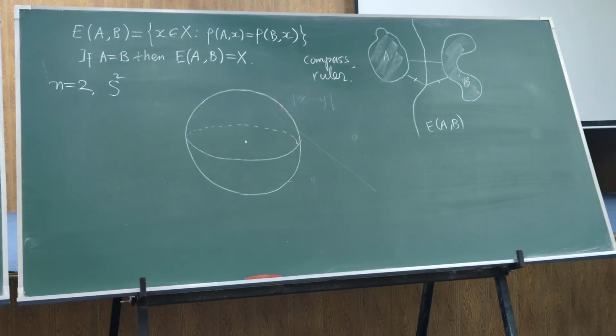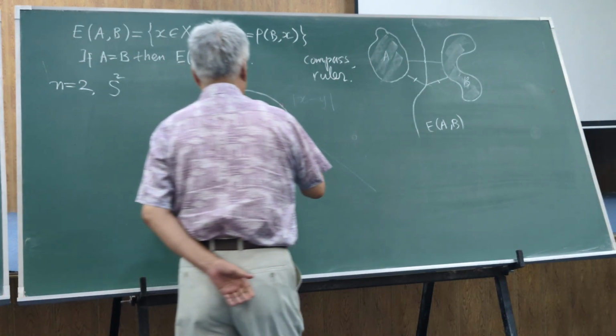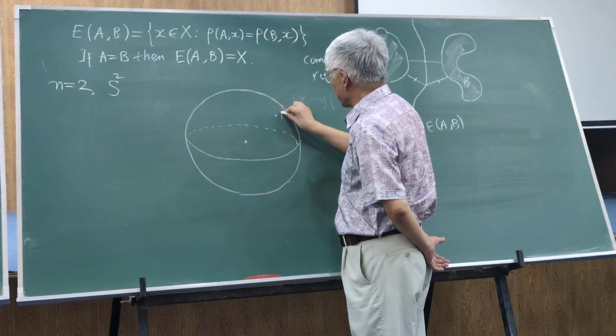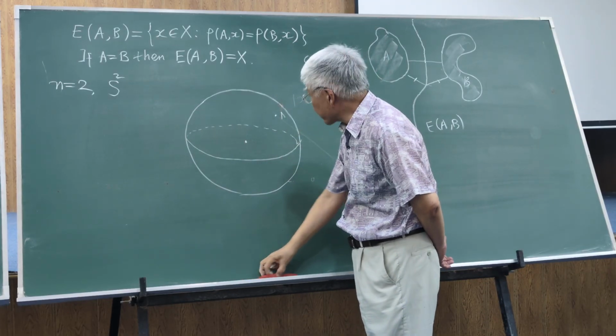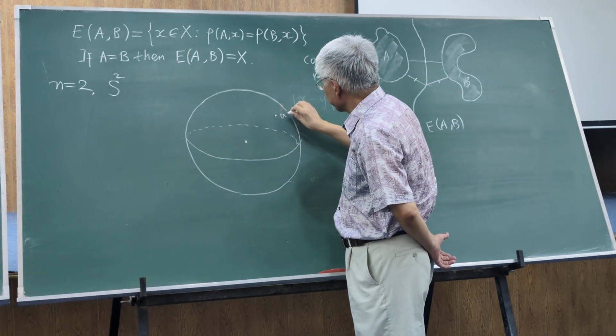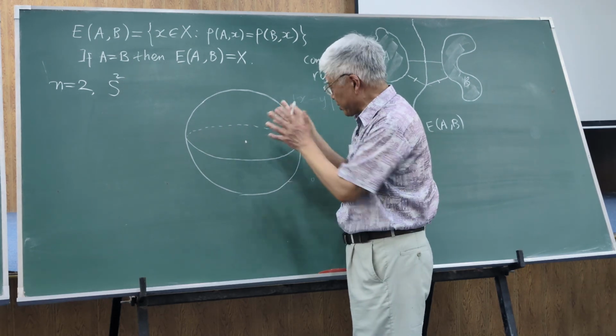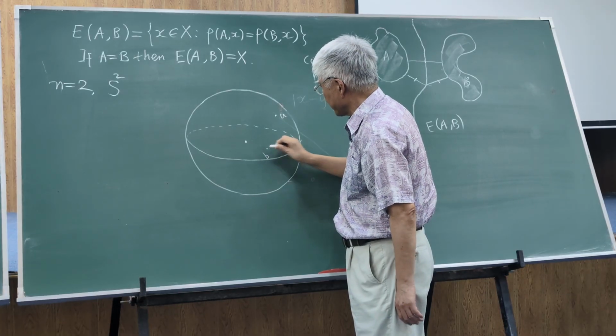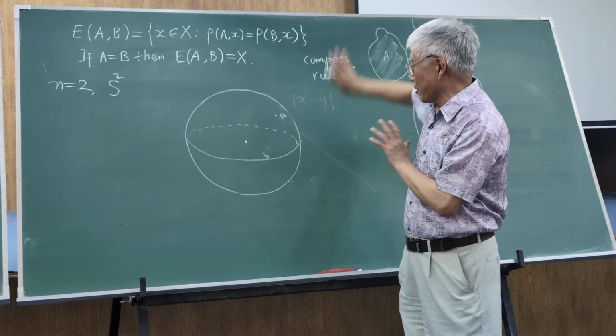This is the Riemann sphere. What is the bisector like if you take any 2 points on this? Let us take 2 points, more generic. This is your A, small a. And let us take on this hemisphere, this is your small b. We assume that it's on this hemisphere, on the side.